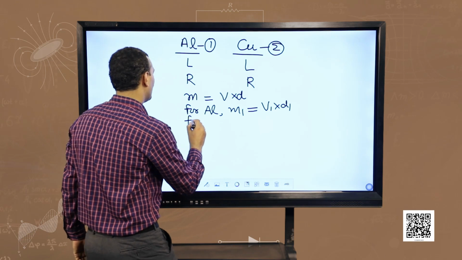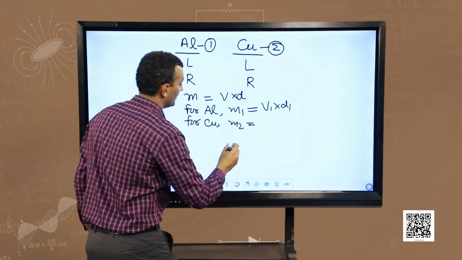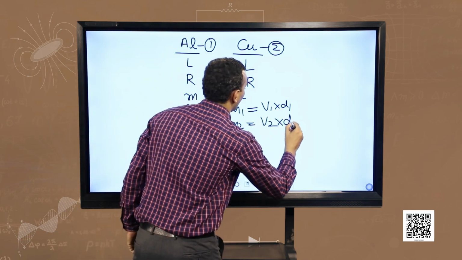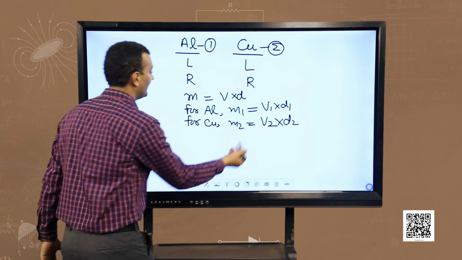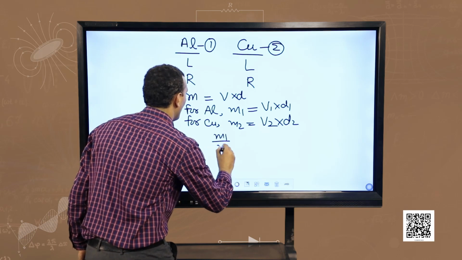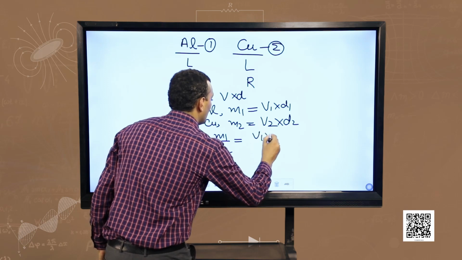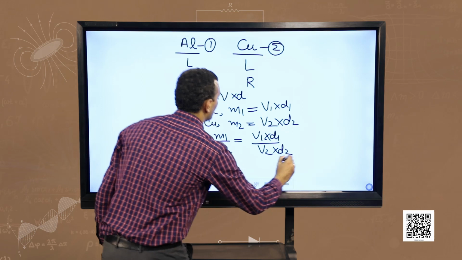Similarly, for the second metal, we have mass M2, which equals volume of second metal into density of second metal. So to compare their masses, we divide these two equations and we get M1 by M2 equals V1 into D1 upon V2 into D2.